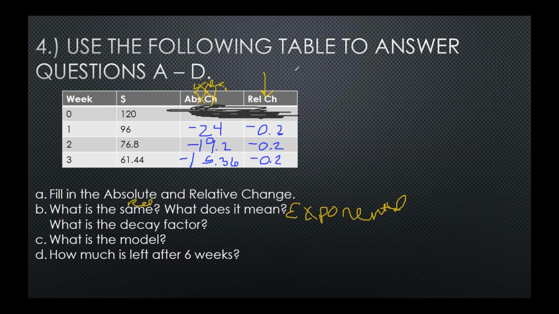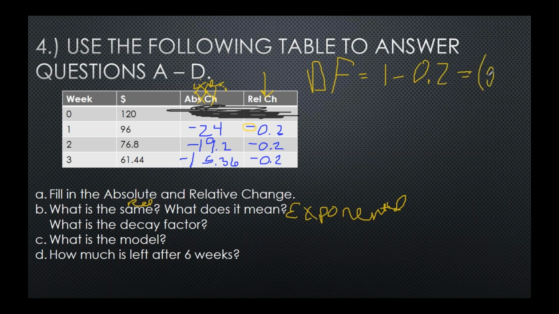Okay, so to have an exponential model, we need to have something inside the parentheses, and we need to have an initial value. Well, what do these negative signs tell us? Decrease, exactly. So the negative signs tell us that we have a decrease, so we know that we are going to have a decay factor because of the negative. So I'm going to take 1 minus that 0.2.